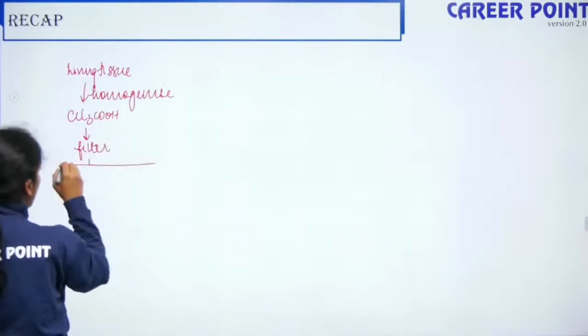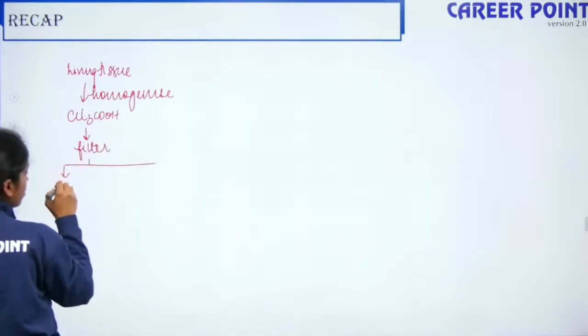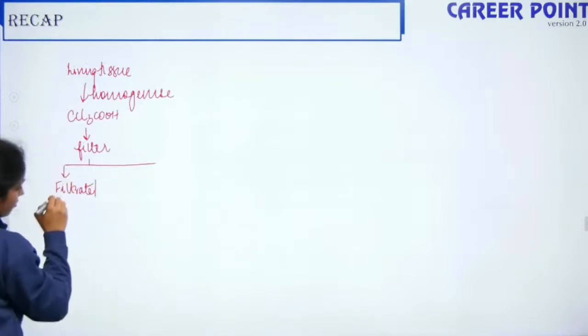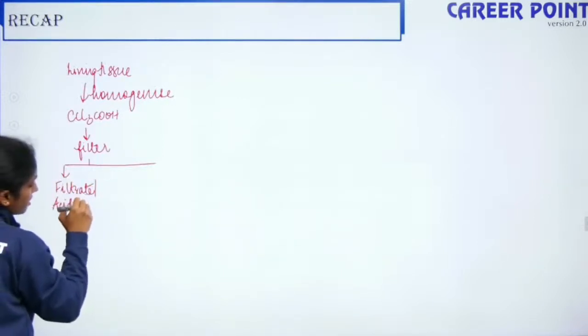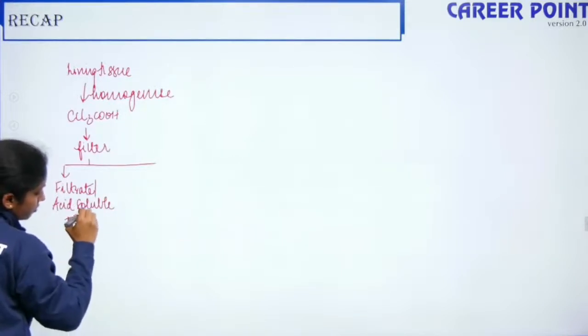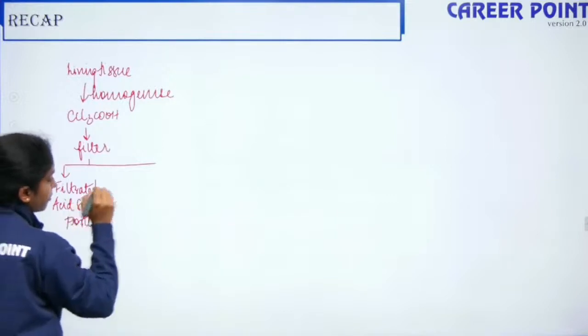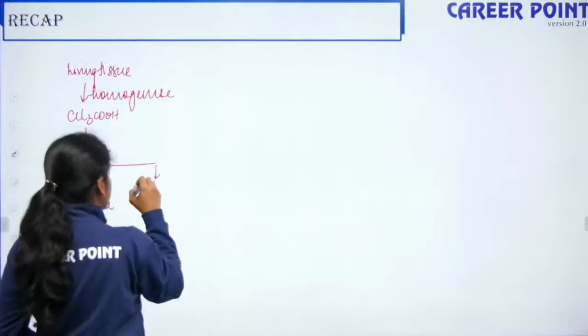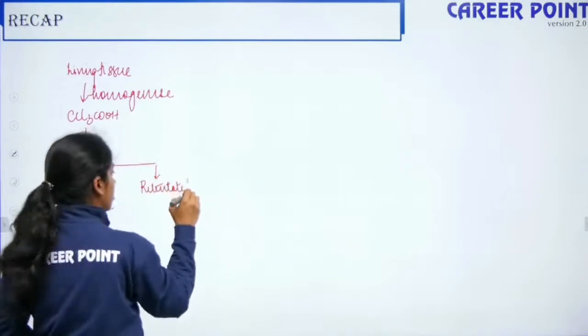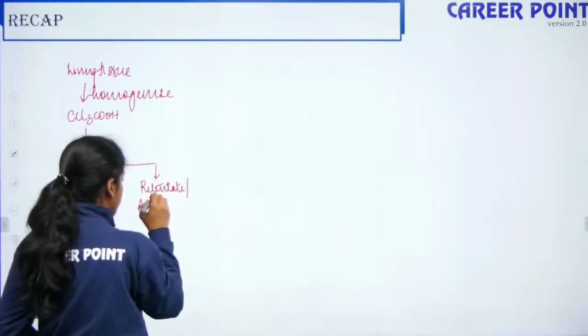So you have two fractions. One is your filtrate, or your acid soluble portion. The other one is your retentate, or the acid insoluble portion.